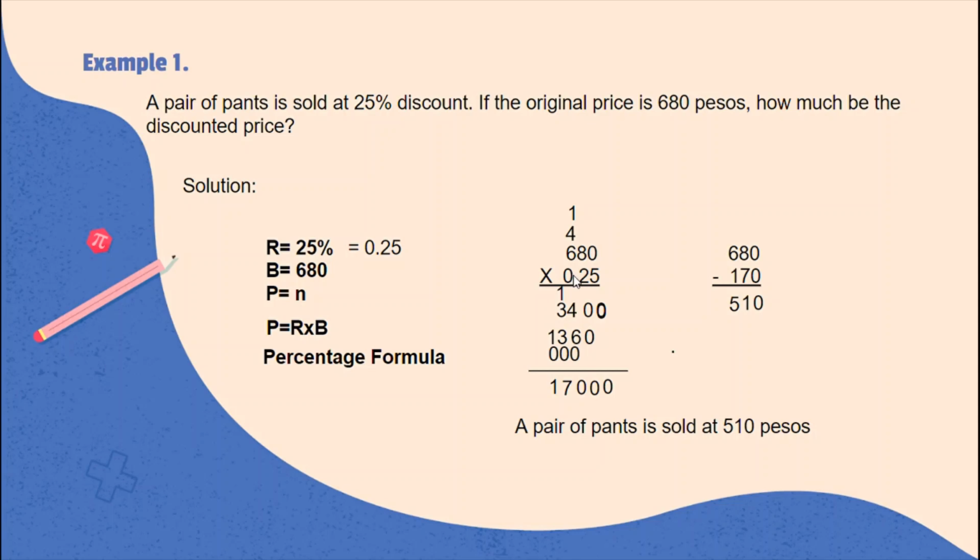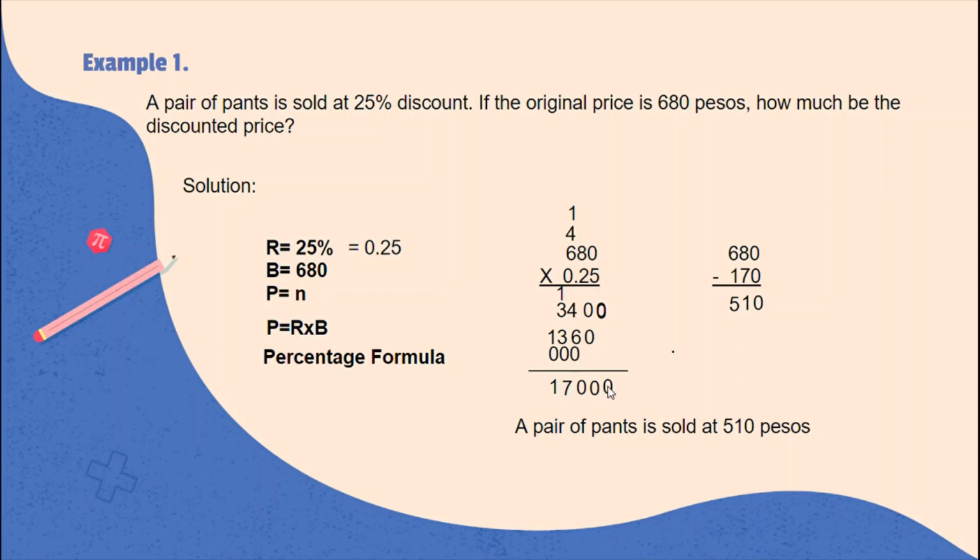Let's go to the third number: 0 times 0 is 0, 0 times 8 is 0, 0 times 6 is 0. So let us now add. Bring down 0, 6 plus 4 is 10, 0 carry 1, 1 plus 3 plus 3 is 7, and 1 plus 0 is 1. We're not yet done. We need to count our decimal point. How many decimal places do we have?